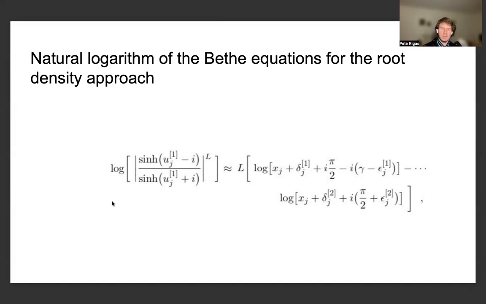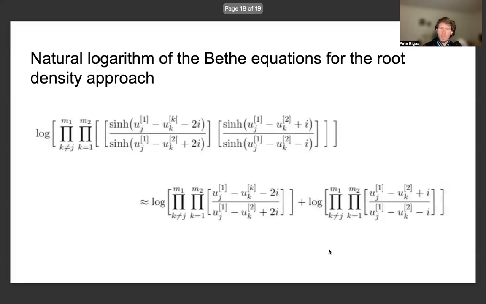So this is given by the fact that if we take the logarithmic derivative on the left-hand side of the beta equations, we can express the log of the absolute value of these 2 hyperbolic sine functions, which is raised to the length of the spin chain L for even L, as approximately L times a logarithm of the numerator term and minus a natural logarithm of the denominator term.